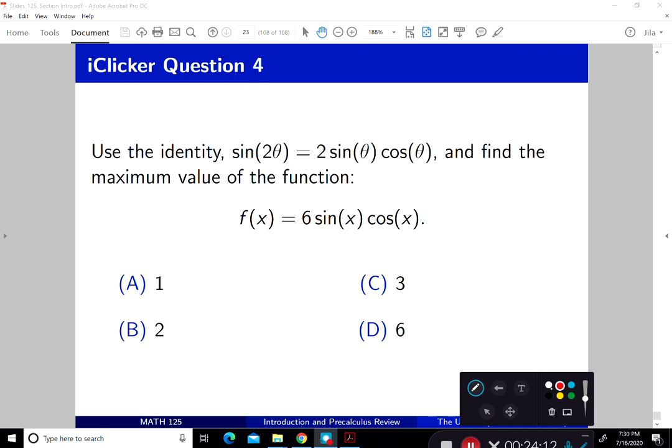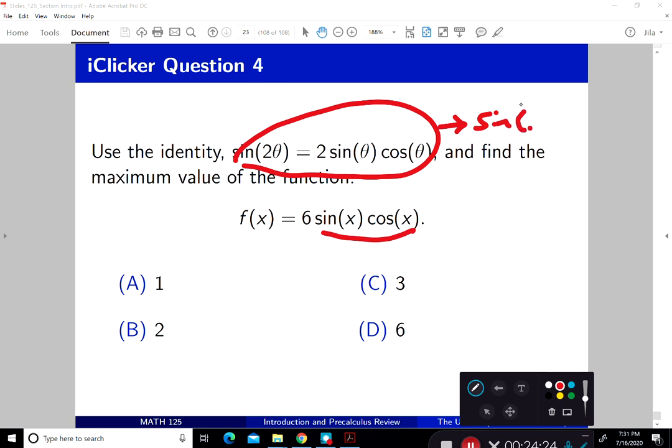So I am trying to use this identity, and over here, I see I have a sine of x, cosine of x. Look, over there, I can write sine of theta cosine theta as 1/2 of sine 2 theta.